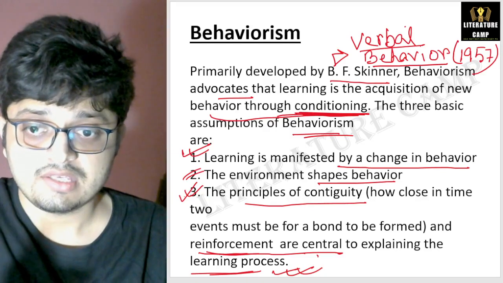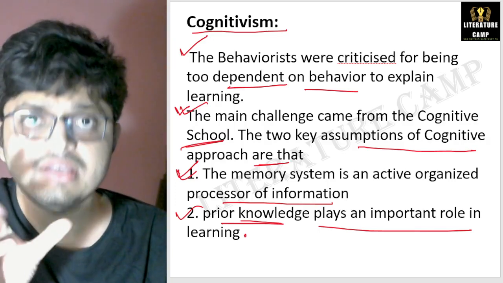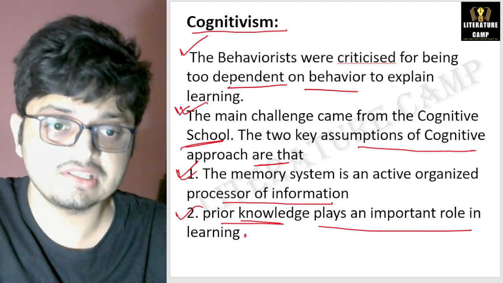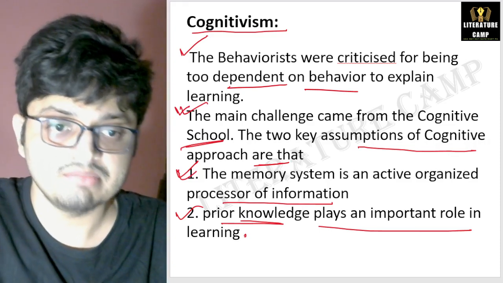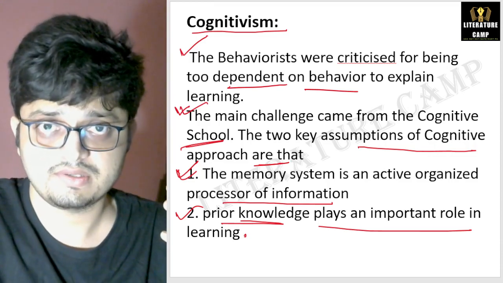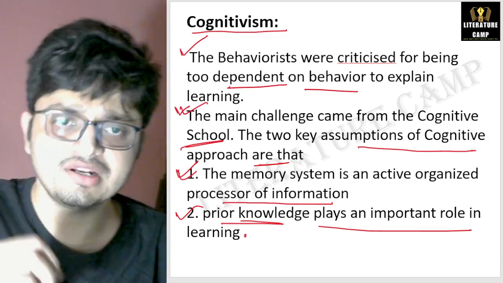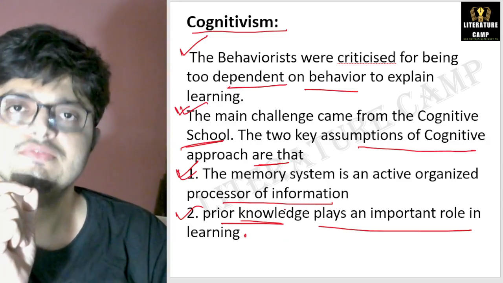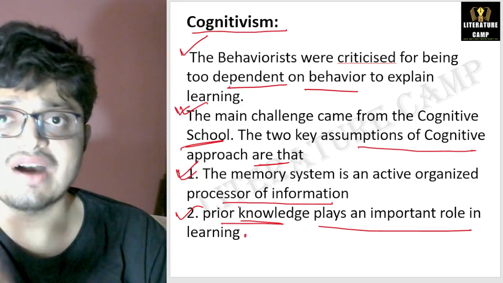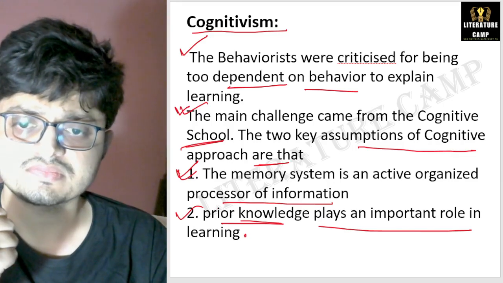But if I talk about cognitivism, they focus on an individual's learning, his knowledge, his memory system. The memory system is an active organized process. This is number one. Second point, prior knowledge plays an important role in learning. So I hope you understood. Cognitivism focuses on the individual's learning, and behaviorism focuses on environment in this learning process, right?